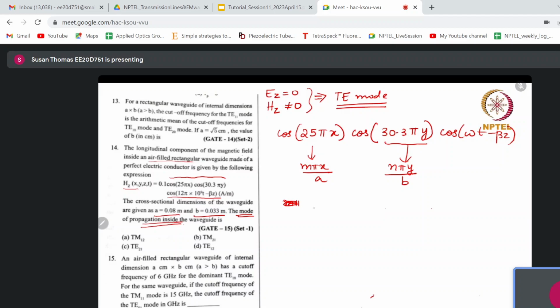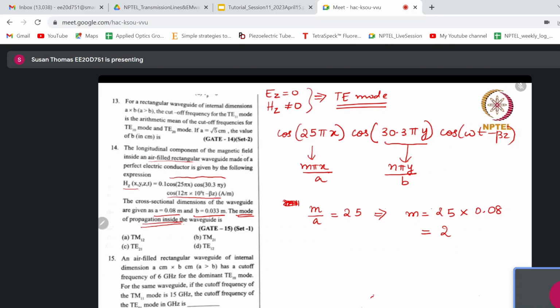So you can write m by a is equal to 25. M is equal to 25 into a value, which is 0.08 meters. So you will get the answer as 2. So m value is 2.